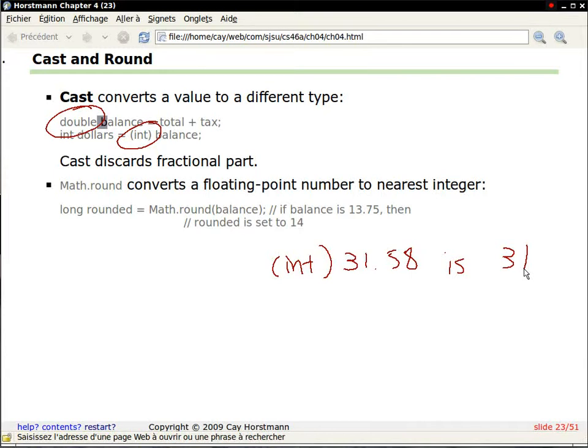What's more commonly used in mathematics is rounding. If you want to round this thing, you would want to round it up to 32, right? Because that's the closest integer. Casting is kind of brutal. Even if it's 31.9999999, you're going to lose all of those 9s, and it's going to give you 31. But if you want the nearest one, you have to use the math.round function with the balance.